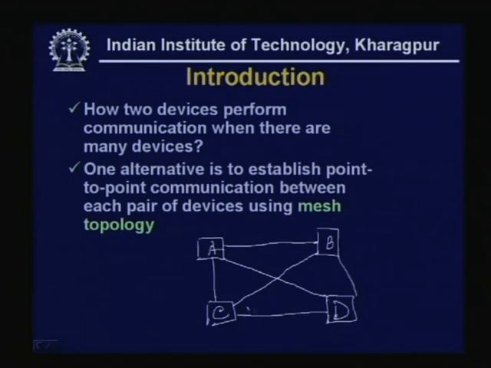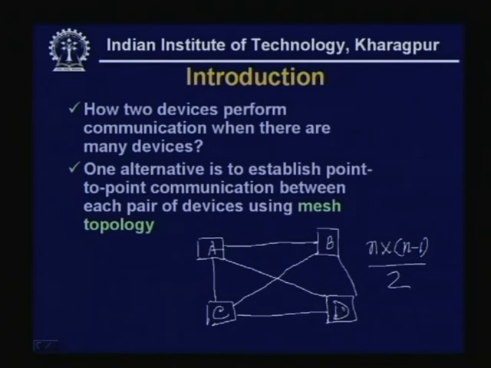So, you see we have to provide a number of links, and it can be shown that the total number of links required for n such stations is equal to n into n minus 1 by 2. So, that number is very large. For example, here you have got 4 stations.